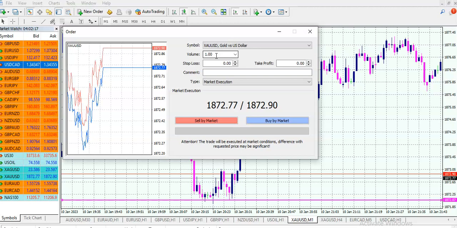I think it's a two-part tutorial, so you can go through those and get yourself acquainted with how to calculate your risk. So your lot size is going to be at the volume area.